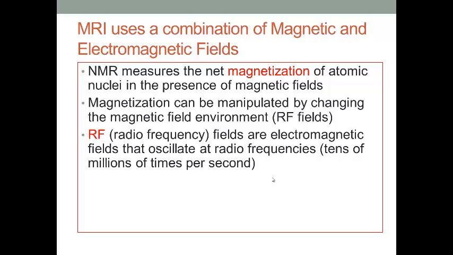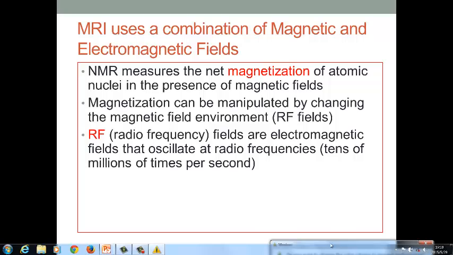So if there is an external magnetic field, they will line up with the magnetic field. However, with only an external magnetic field, it still cannot give the MRI image. So how do we create MRI imaging?